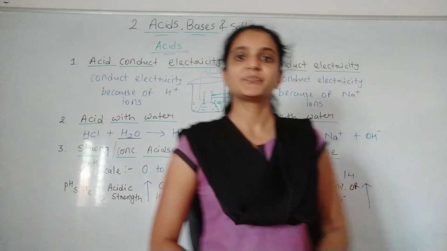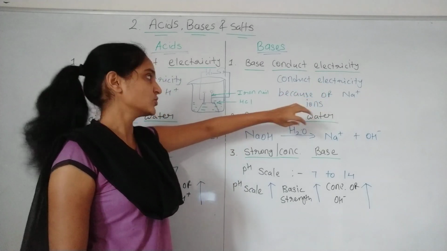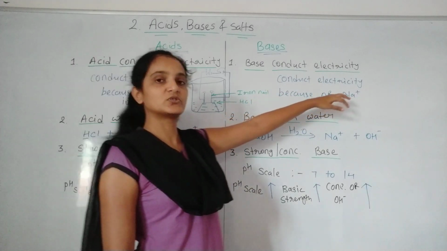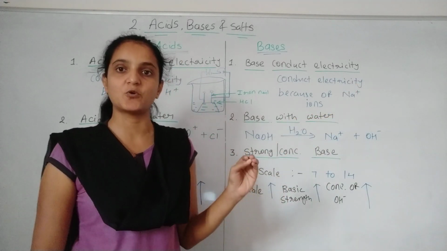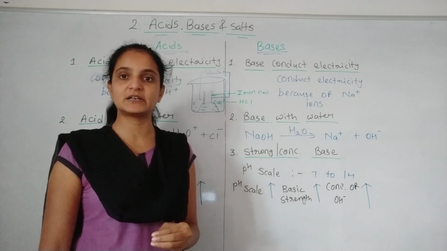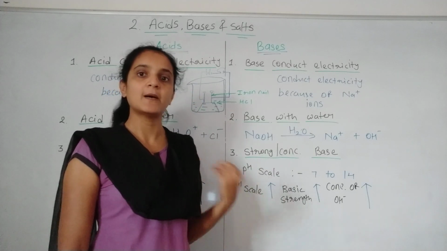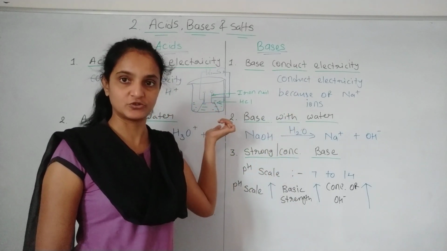In exactly the same way, a base can also conduct electricity, because when a base undergoes ionization, it releases Na+ and OH- ions, which are responsible for the conduction of electricity in the base. We can perform the same activity for the base also.